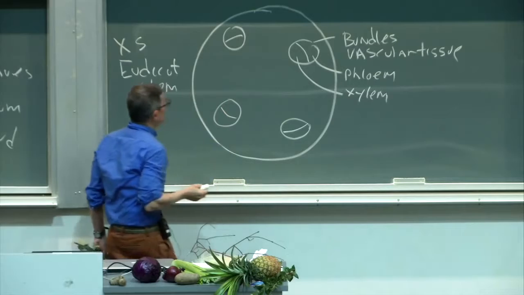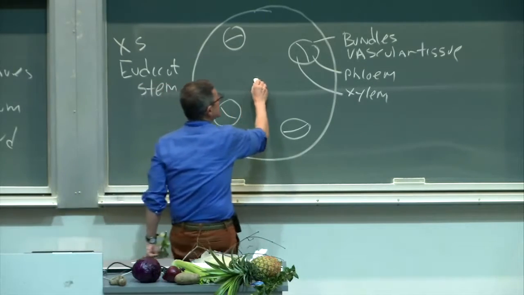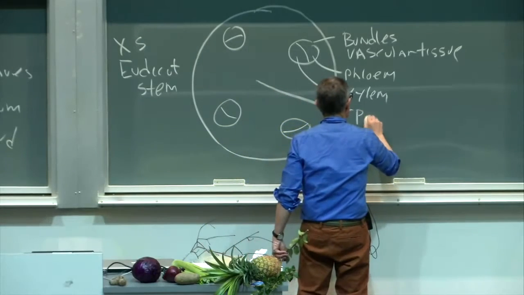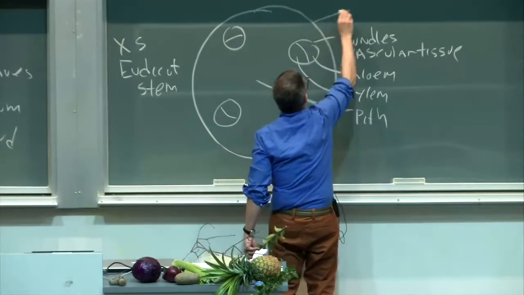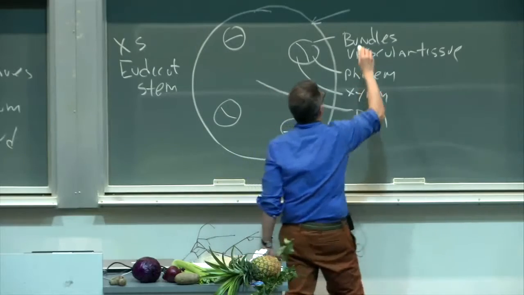Now we have only a few other tissue types that we want to put on here. In the very center of the stem are parenchyma-like cells. This is given the name pith. Surrounding on the outside, again, the outermost layer, you've seen this before, is the epidermis.